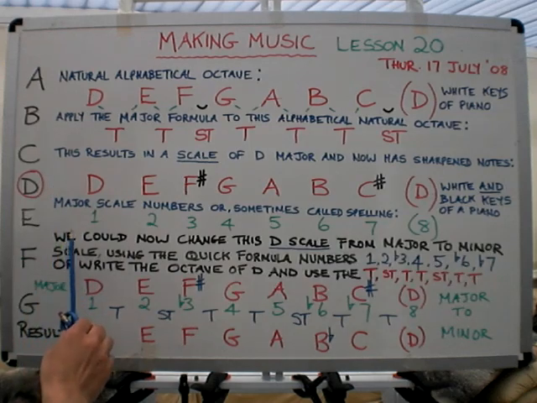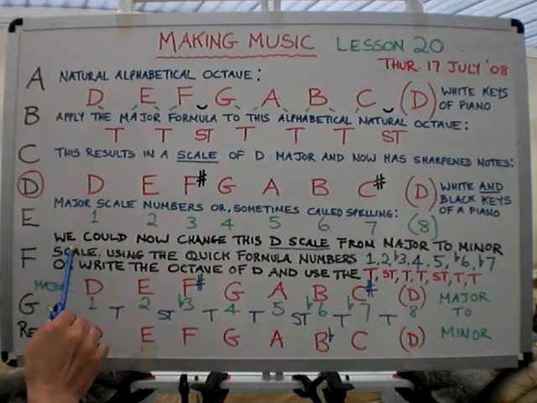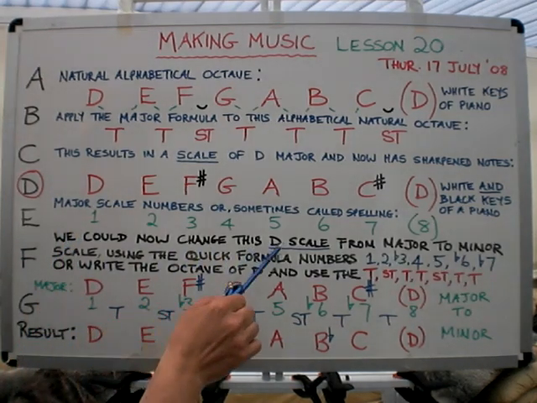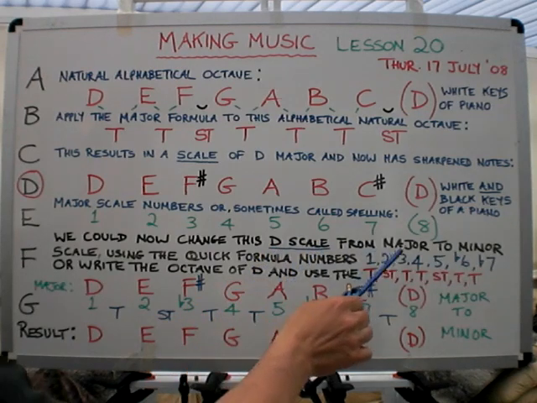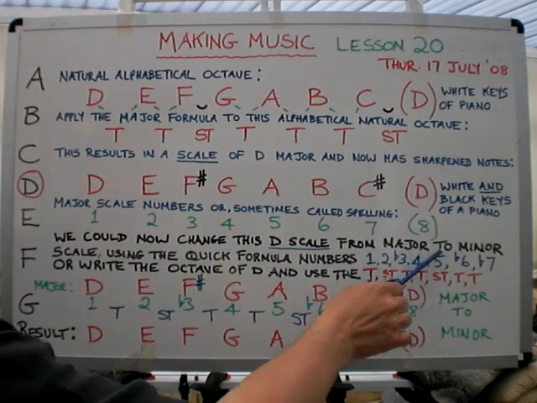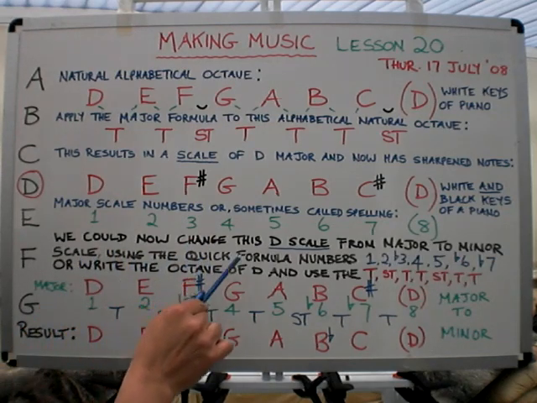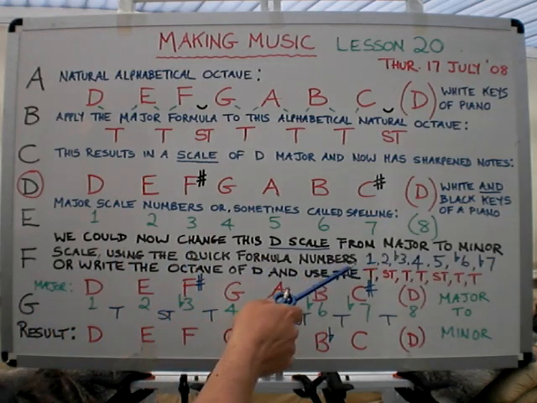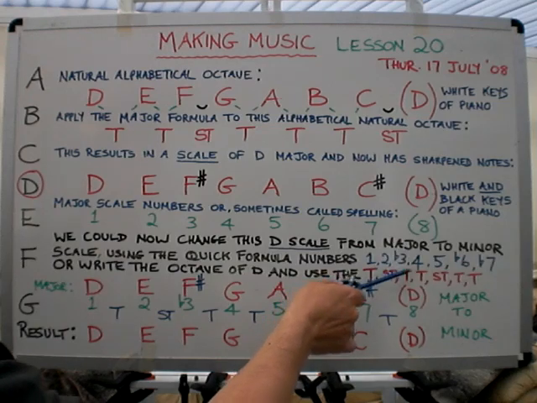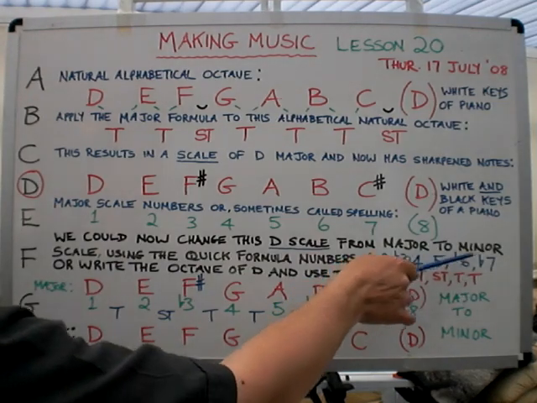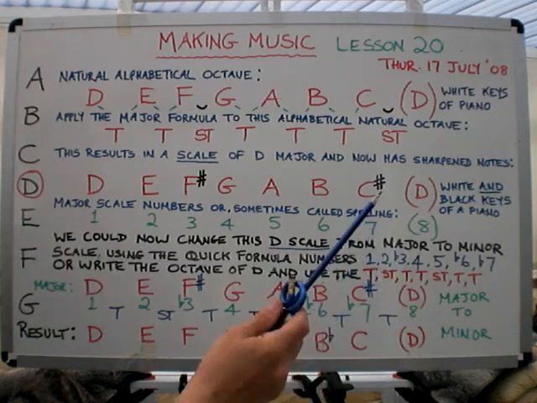So anyway, we've numbered, and I've put here, we could now change this D scale from a major to a minor scale using the quick formula. These are the numbers 1, 2, flat 3, 4, 5, flat 6, and flat 7, 8.